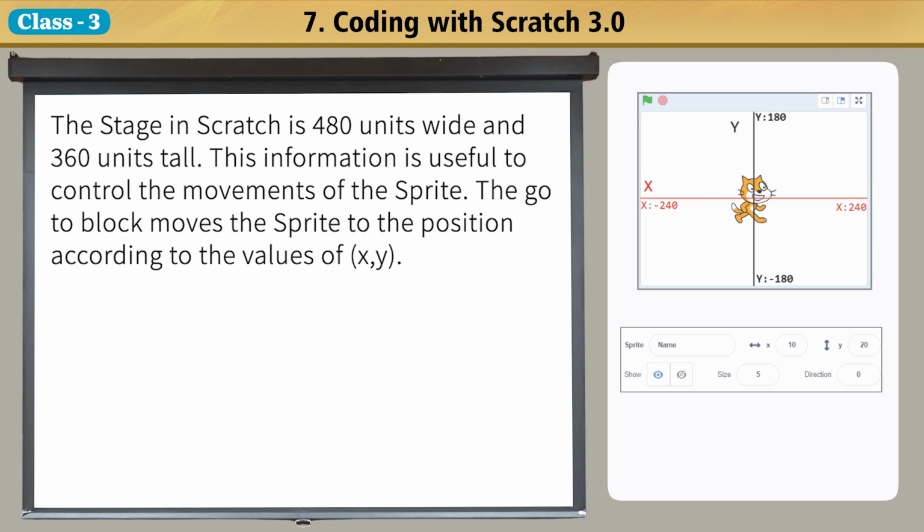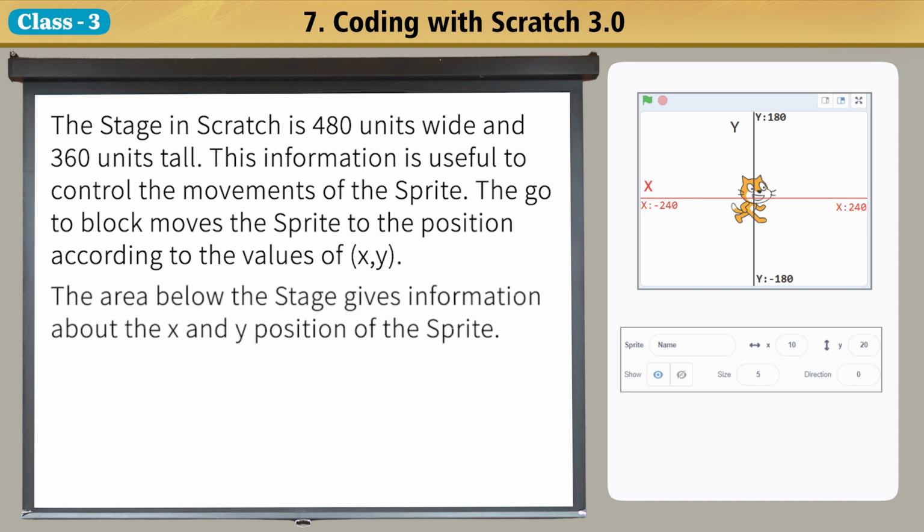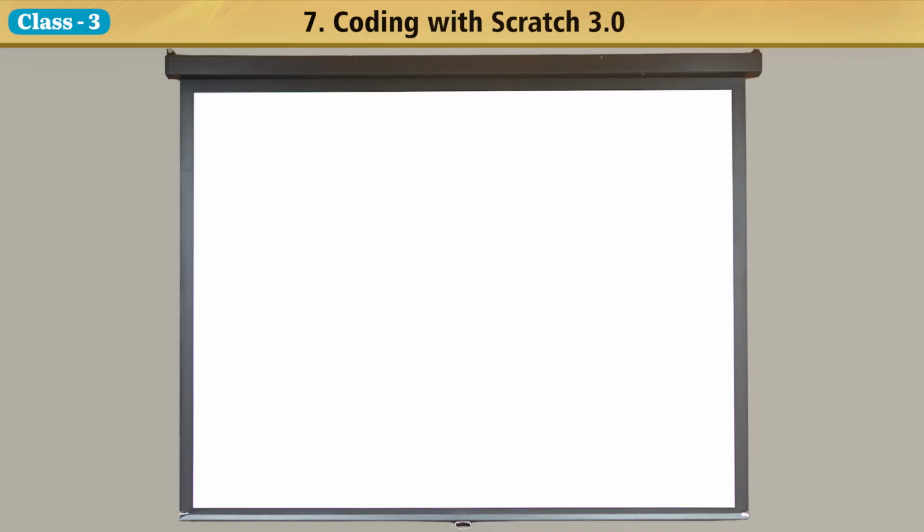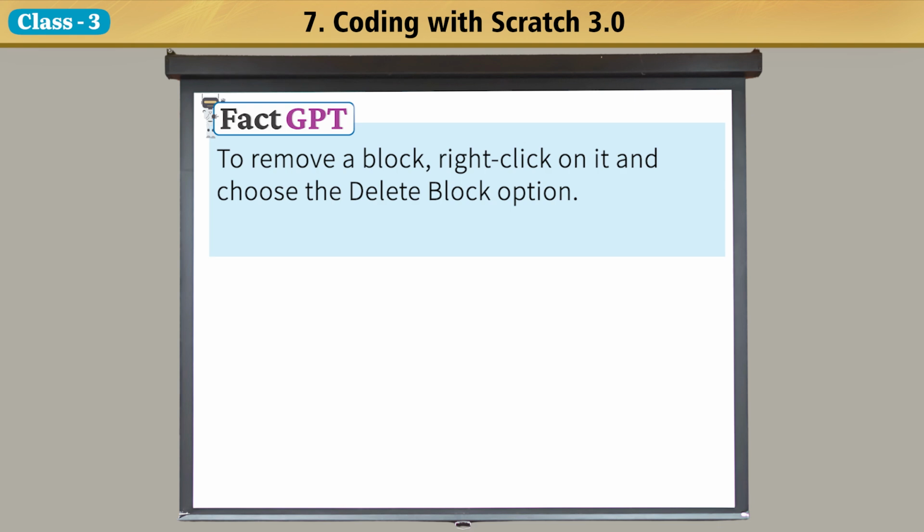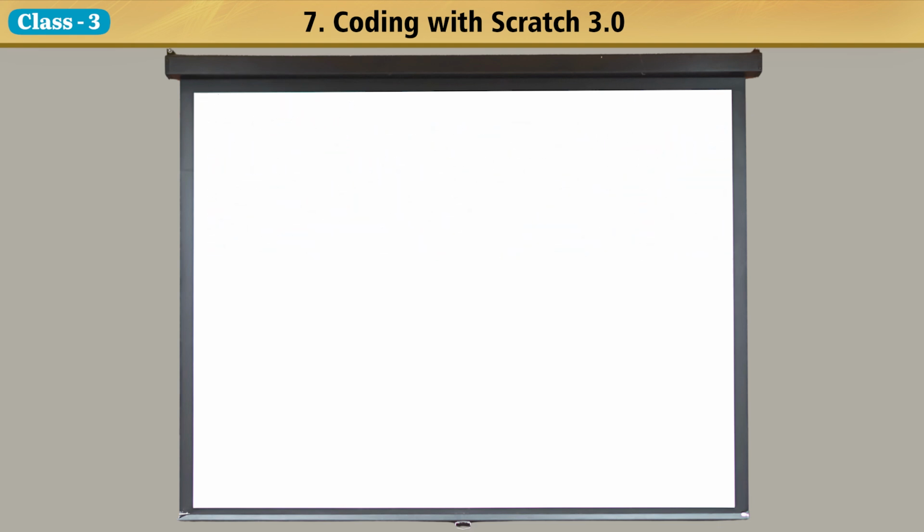The go-to block moves the sprite to the position according to the values of X, Y. The area below the stage gives information about the X and Y position of the sprite. Fact GPT. To remove a block, right-click on it and choose the Delete Block option.